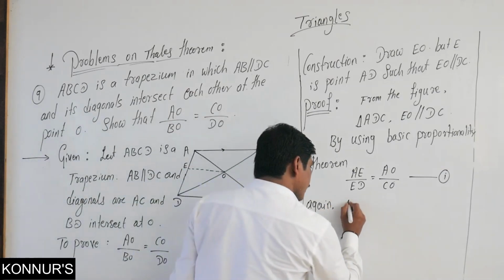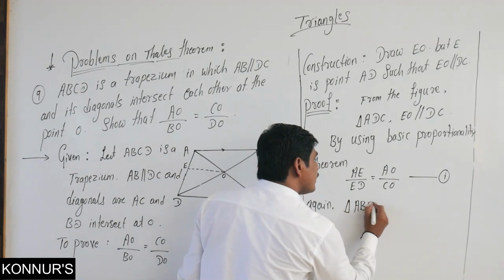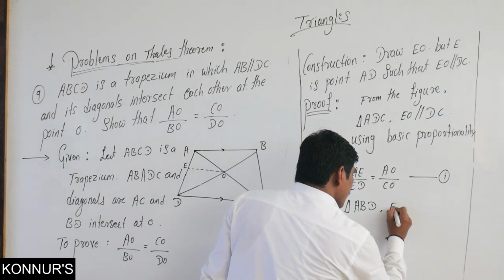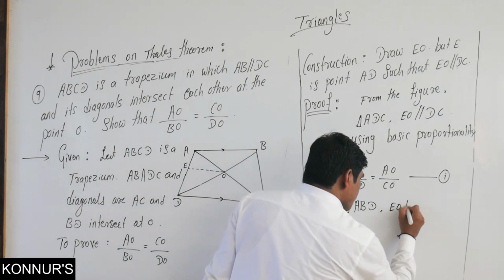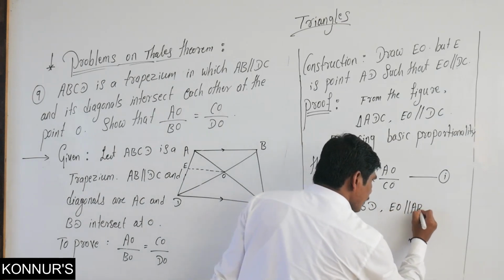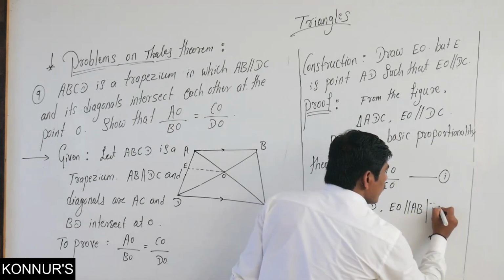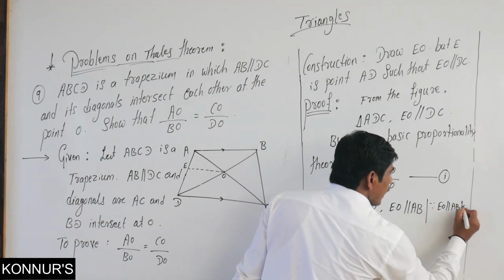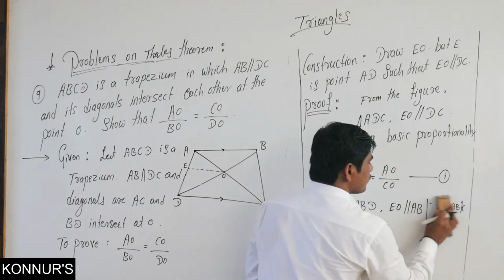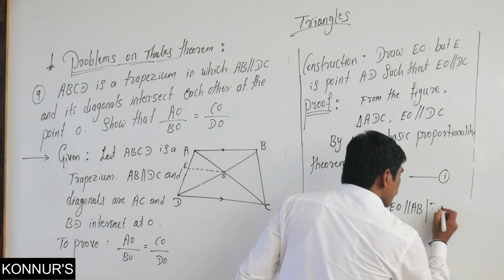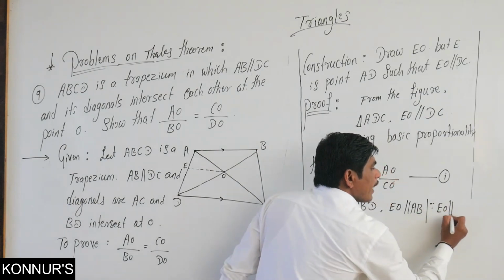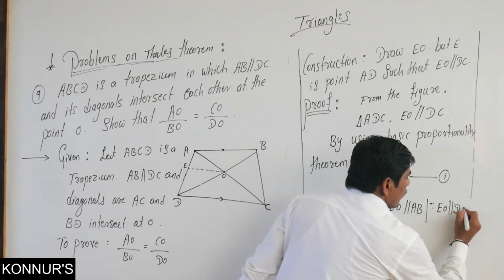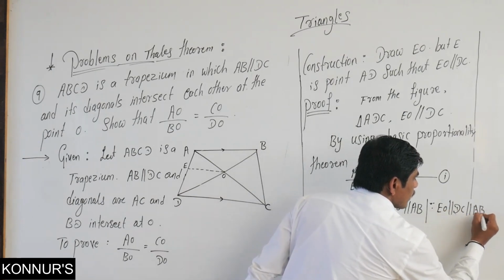Here, you write triangle ABD, and EO is parallel to AB, because EO is parallel to DC, and DC is parallel to AB.